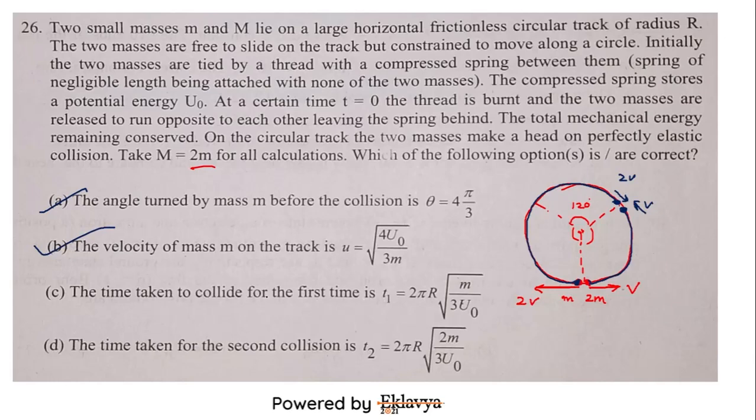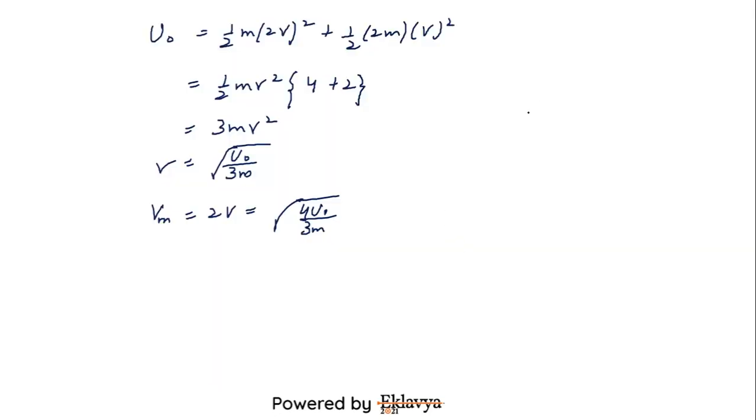Time taken to collide for the first time is the time taken by mass m to travel this angle, or you can say travel this distance, multiply this with r, so travel this distance with this much speed. So what I'm going to do, time will be given by 4 pi by 3 into r divided by root of 4 u naught by 3m.